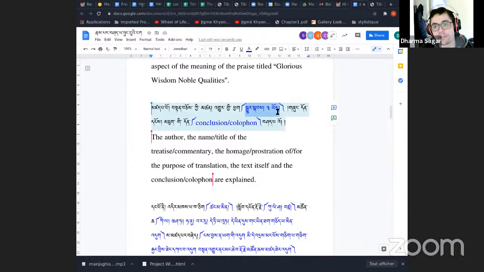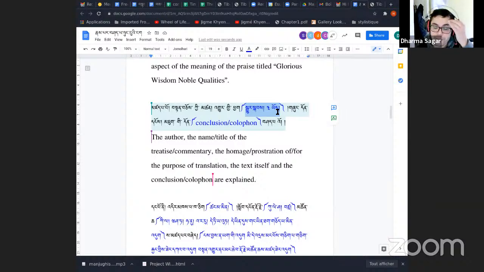Campbell said that in the time of the first king, there was a rule established to pay homage either to Manjushri or to the Buddha or to the Buddhas and Bodhisattvas.